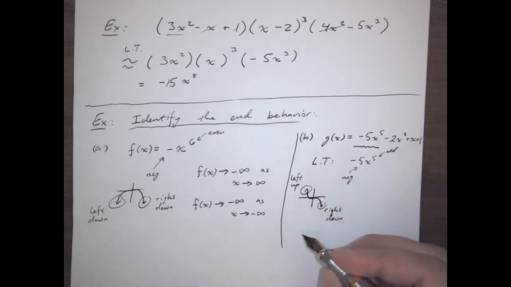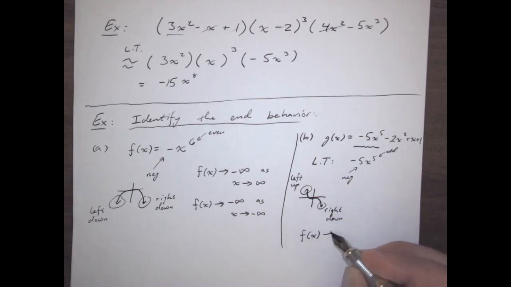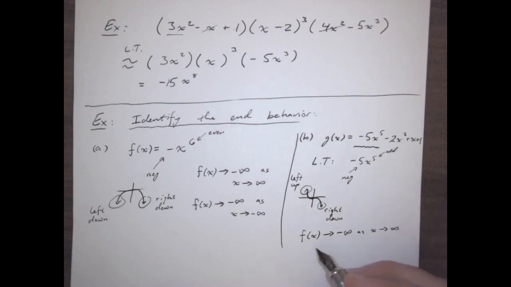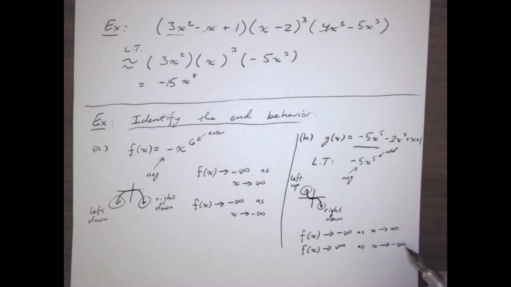And that means that f of x, starting with the right down, goes to negative infinity as x goes to positive infinity. So this means down, this means right. And we can say f of x goes to positive infinity as x goes to negative infinity.